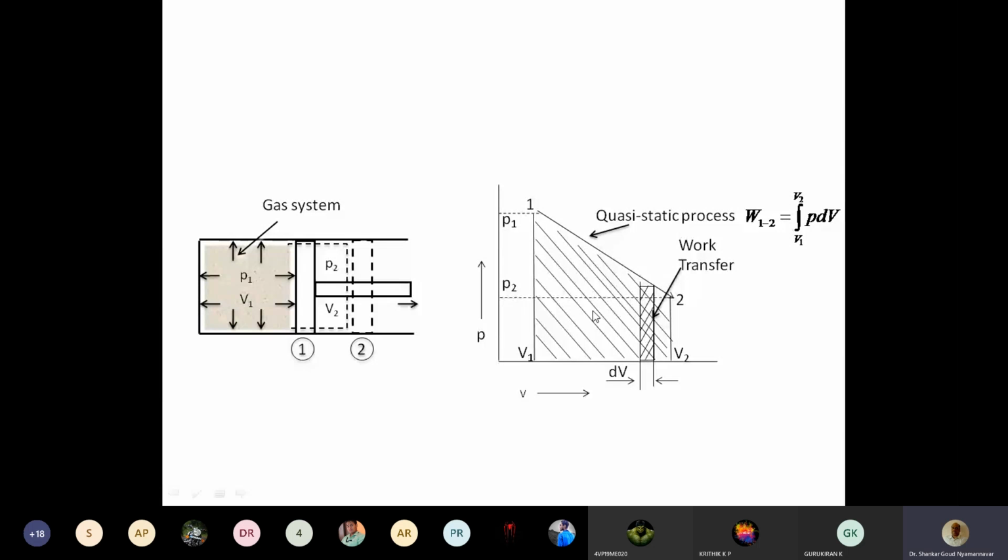So the area of this trapezium. How to calculate this area? Can anybody say? Can anyone respond? Prerna, are you there? Alvin? Ashik?